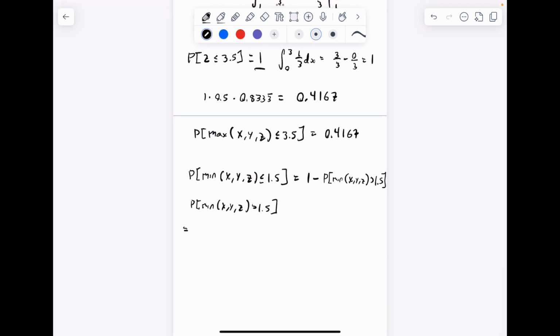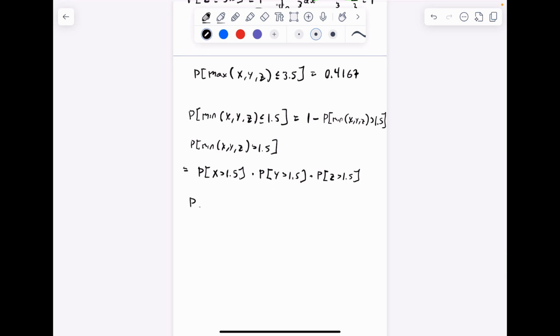So we can say that this portion right here is the same as the probability of x being greater than 1.5 times the probability of y being greater than 1.5 times the probability of z being greater than 1.5.